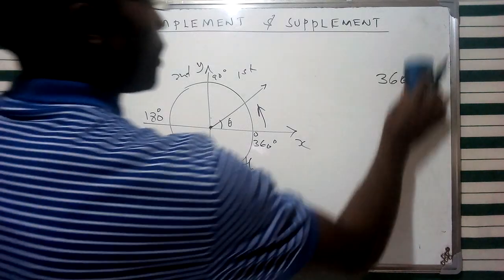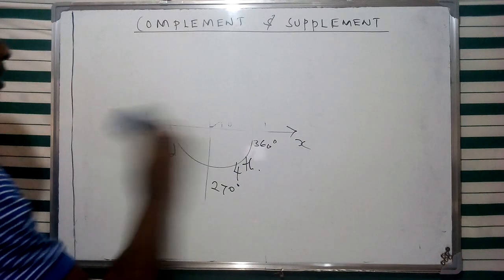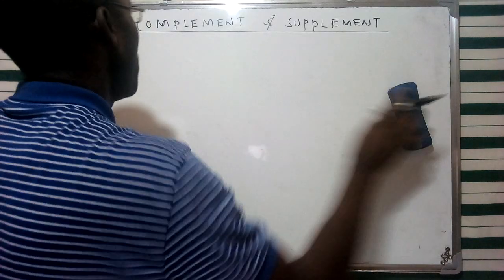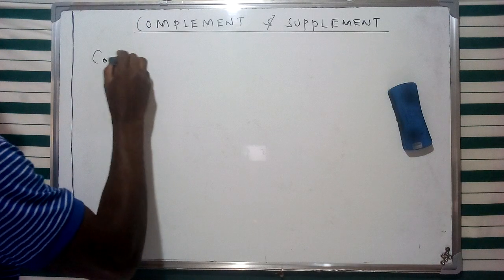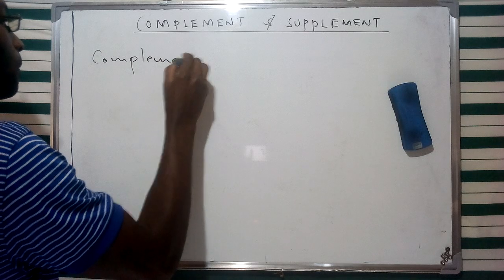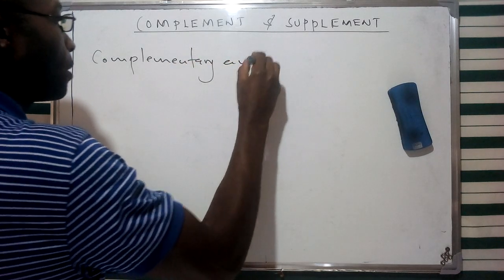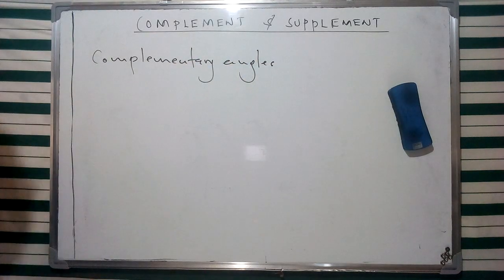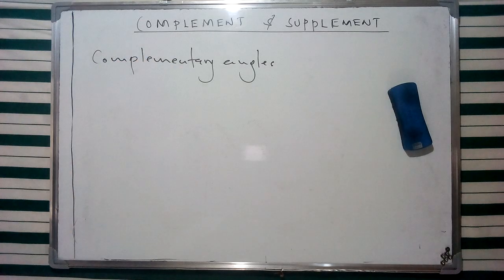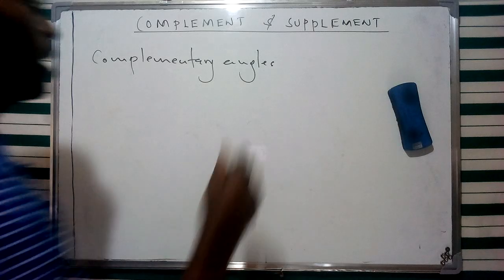So we're going to come up with terms like complementary or supplementary angles. Complementary angles, which is derived from the term complement, refer to two angles whose measures add up to 90 degrees.